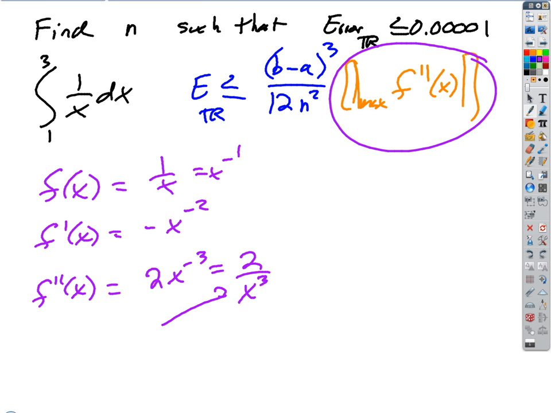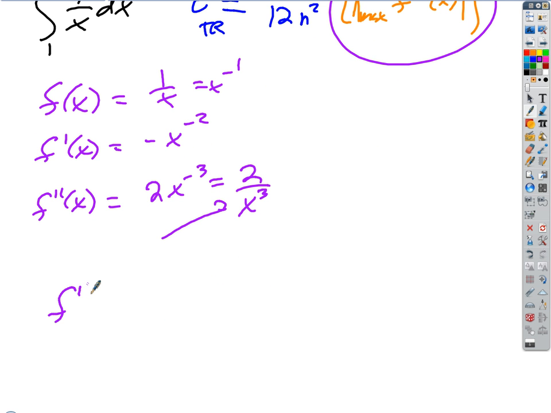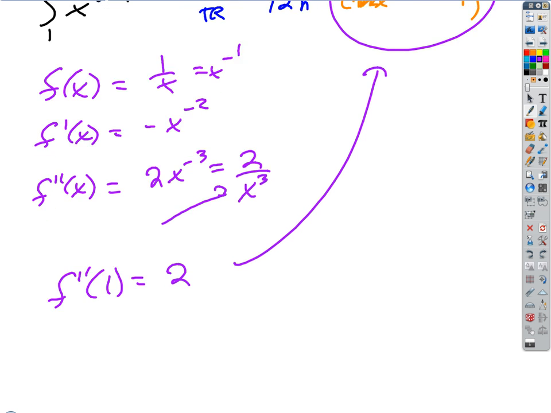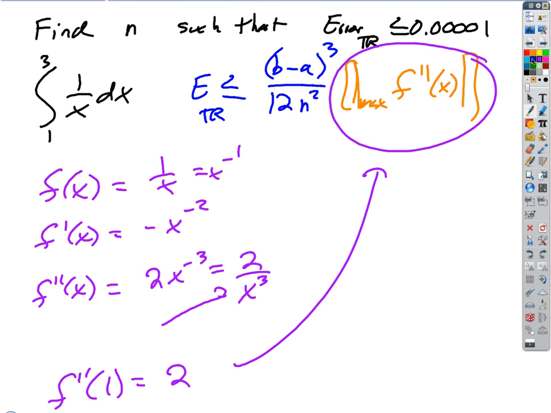What is 2? Yeah. So 2 is what we're plugging in for all that junk, right? So we end up with b minus a, so 3 minus 1 cubed over 12n squared times 2 has to be less than or equal to 0.00001, right?